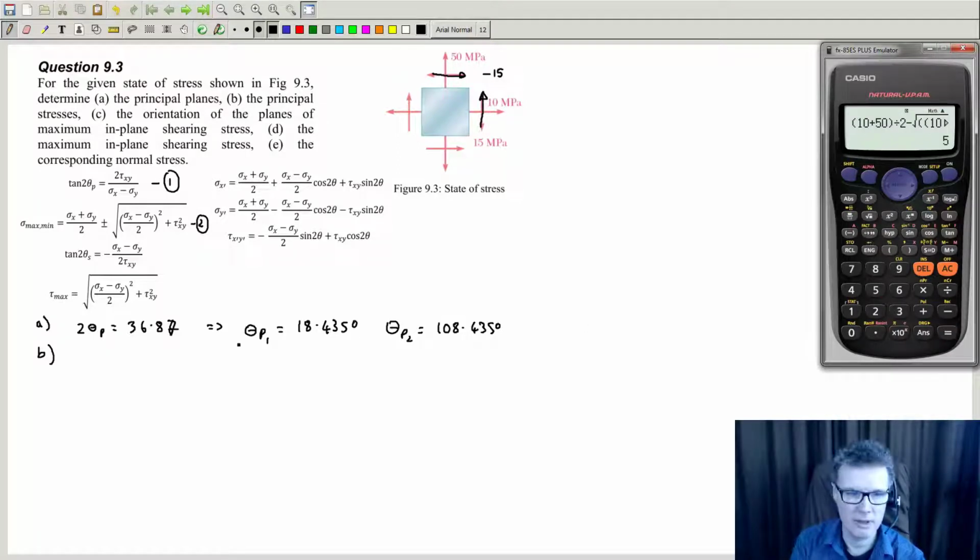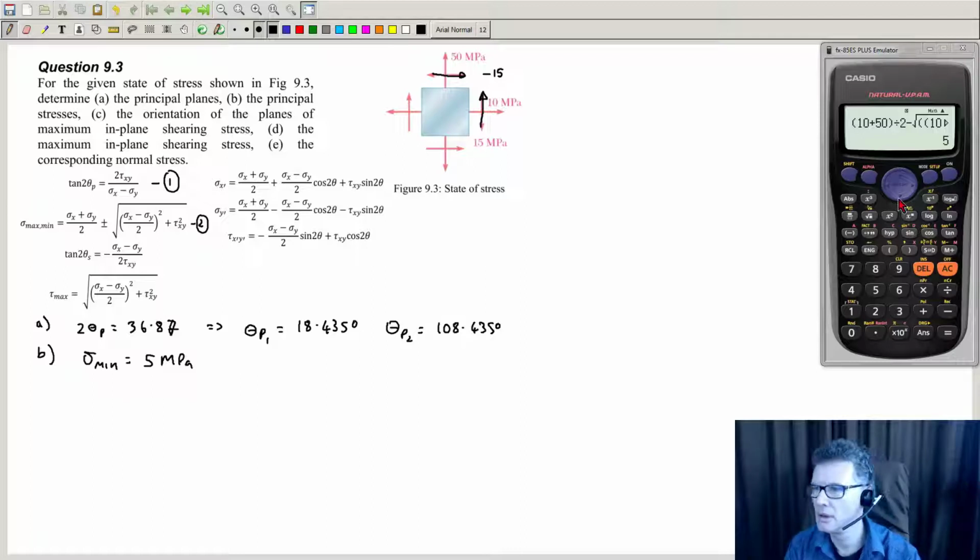So I'm going to find that. Ooh, nice number, isn't it? So that gives me the minimum of 5 megapascals. And then do the replay button.